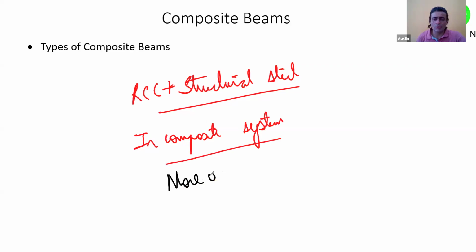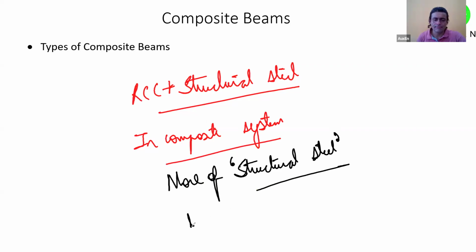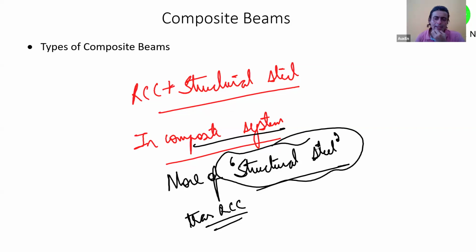Composite systems are more of structural steel than RCC. What I am trying to say by this is that it's not a 50-50 participation, or it's not as if both of them are equally important. In composite systems, the structural steel member is the dominant partner, okay? And the supporting role will be played by the concrete that you put into it. Is this point clear?